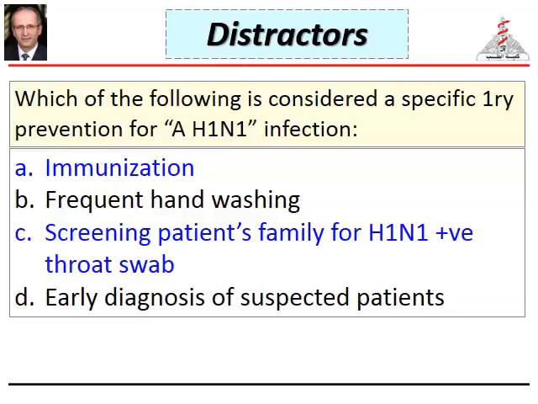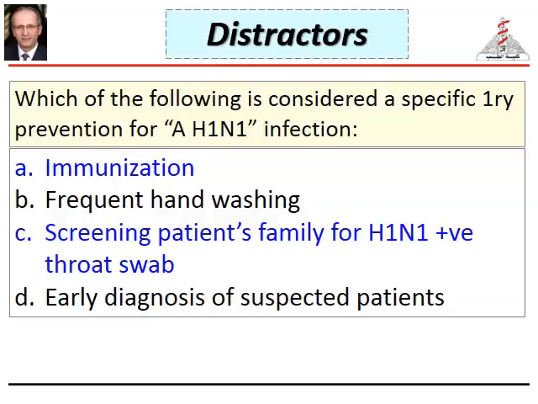Now look at the distractors. Distractor B, frequent hand washing, is an accurate statement. Frequent hand washing can prevent H1N1, but it is not the answer of the stem because it is not specific primary prevention. Distractor C is a wrong answer, but it may seem correct to the uninformed.